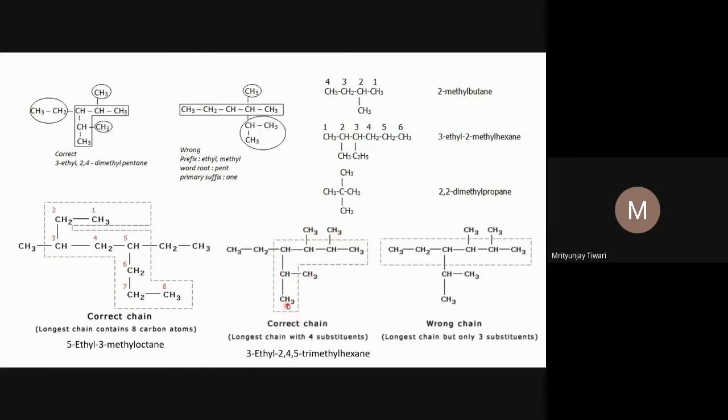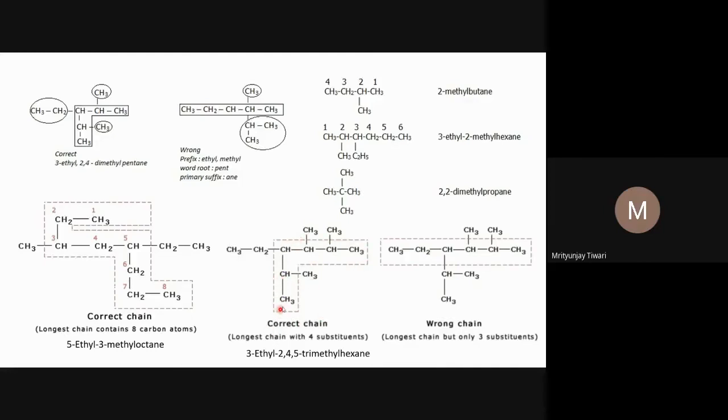But if you consider these carbon atoms as part of the main chain, then we get 1, 2, 3, 4, four substituents. So we'll consider this carbon atom as part of it, and not this one as shown here. These carbon atoms are not part of the main chain, because the number of substituents, as you can see here, is less, 3 only. In this case, the number of substituents is 4, 1, 2, 3, 4. So this is the main chain, the parent chain.